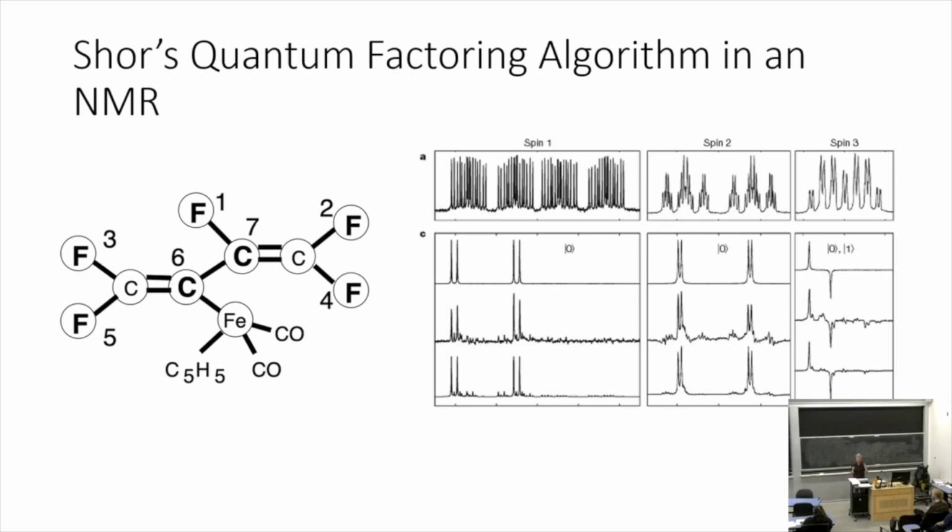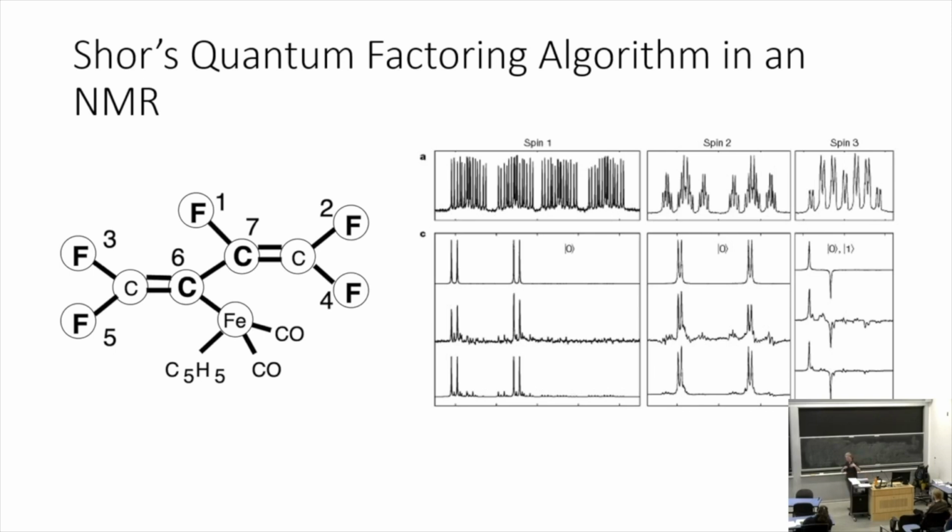All right, so seeing this outcome, they determined that the first register, so their first 3 qubits, are in a mixture of 0, 0, 0 and 1, 0, 0.